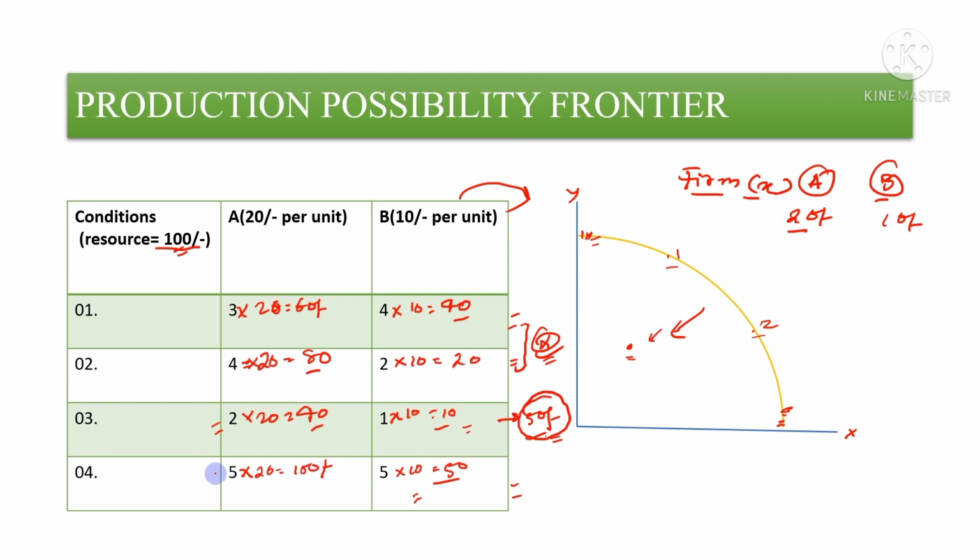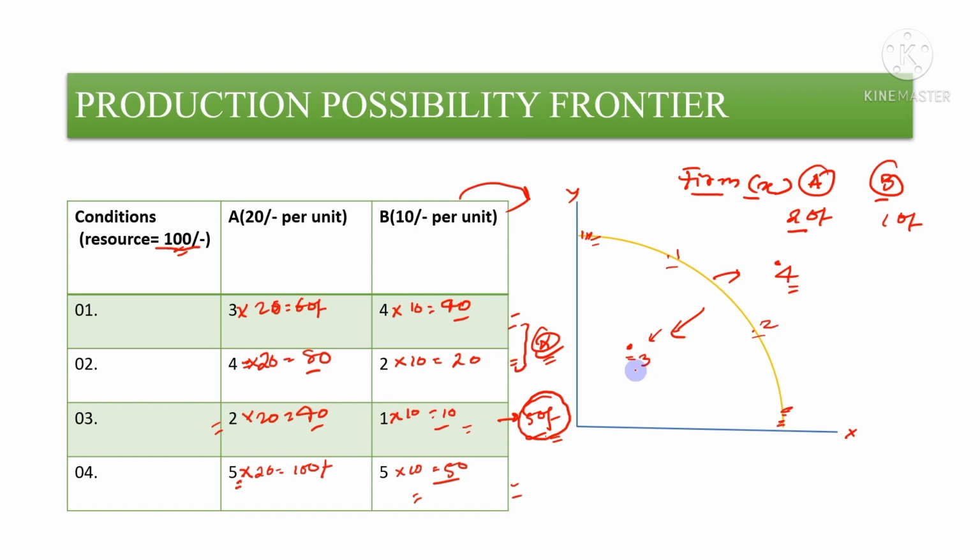And what about this? It is totally impossible to produce something that is more than the resource available. So this will not lie within the graph; it will lie outside the arc. This is point 3 and this is point 4. This is not possible, so it will lie outside the graph.